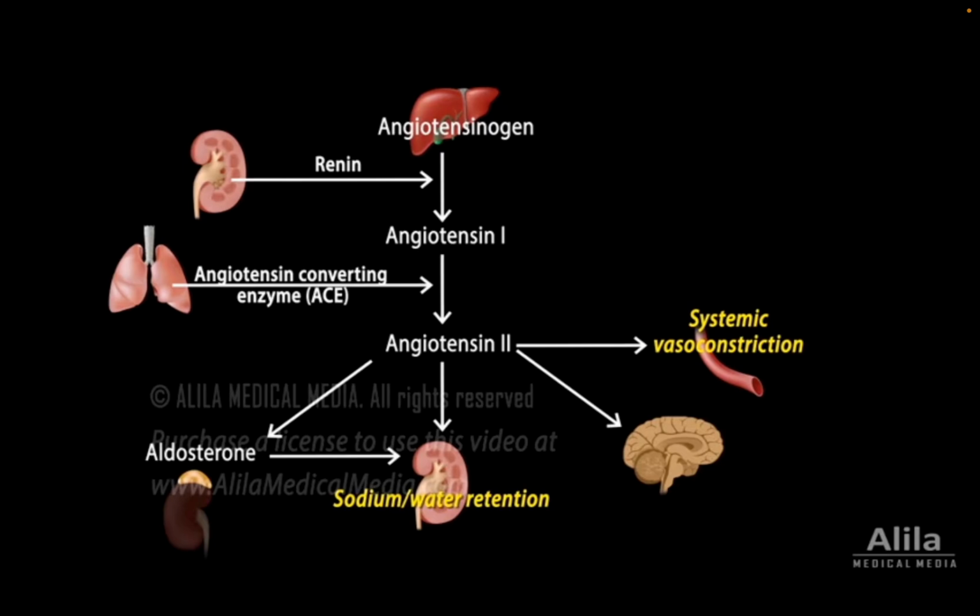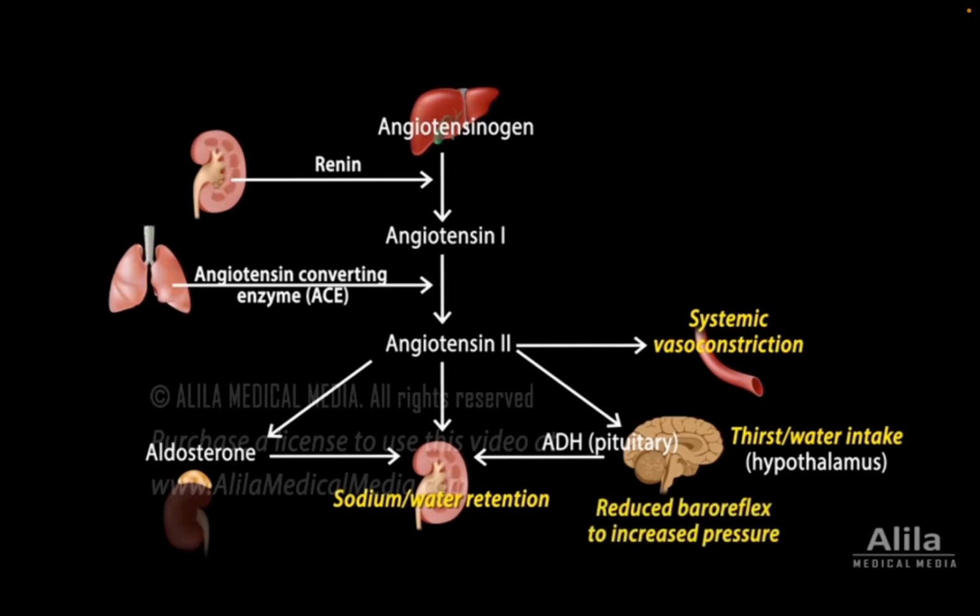It acts on the hypothalamus to stimulate thirst and encourage water intake. It induces the posterior pituitary to release antidiuretic hormone, which promotes water retention by the kidneys. It reduces the sensitivity of baroreceptor response to increased blood pressure, so that this response would not counteract the effect of RAS. All these actions lead to an increase in blood volume and blood pressure.